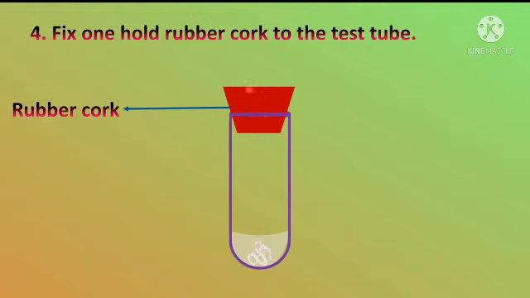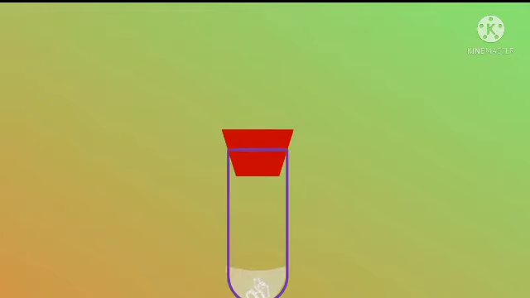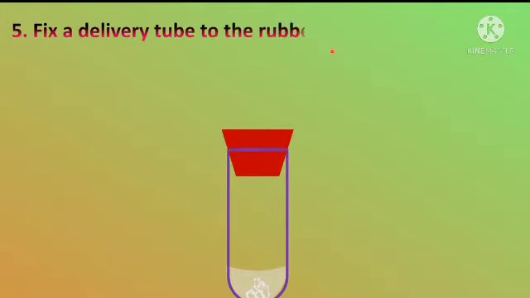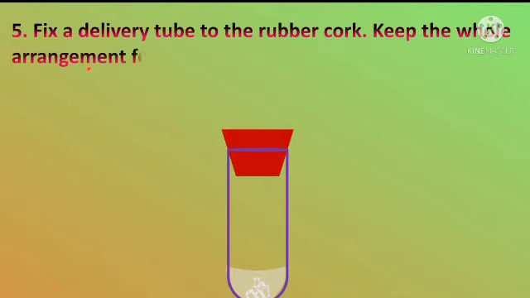Now let us fix a delivery tube to the one-hole rubber cork and keep the whole arrangement for some time.